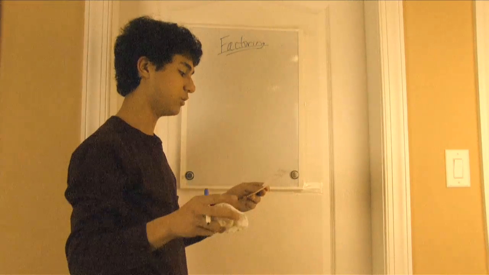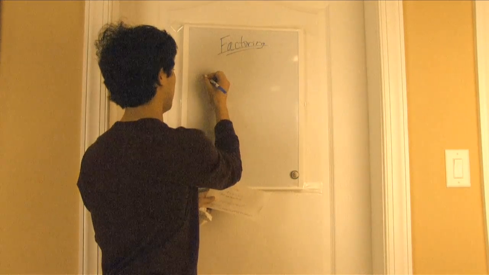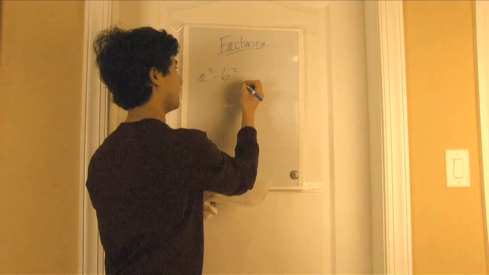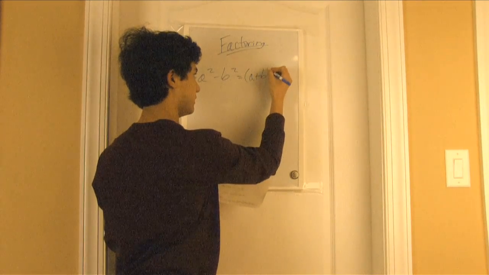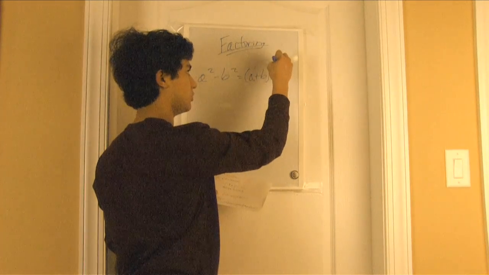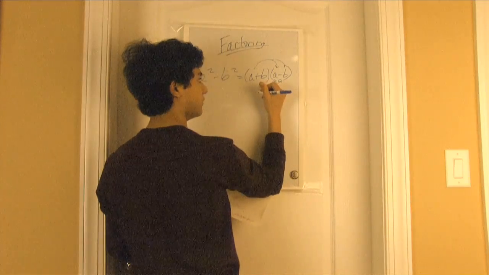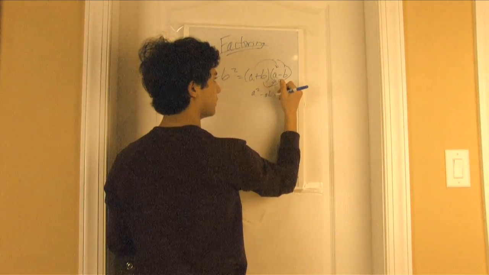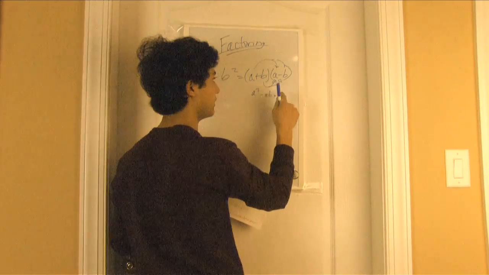So they give you a formula for the difference of 2 squares, which is a squared minus b squared, and the equation for that would be a plus b times a minus b, because when you multiply this out, you get a squared minus ab plus ba, which is the same thing as ab.